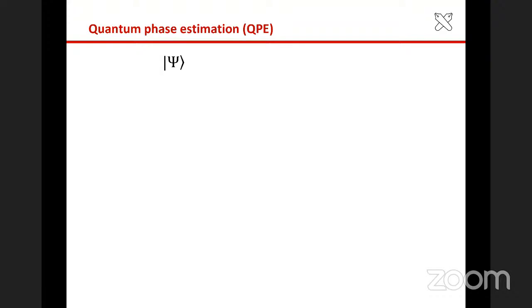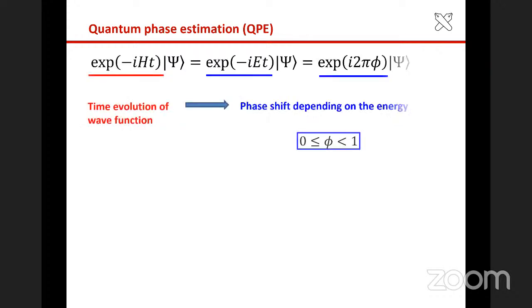So the basic idea of quantum phase estimation is this: assume that we have a wave function psi, and we apply a time evolution operator. If this wave function psi is an eigenfunction of the Hamiltonian, application of this time evolution operator doesn't change the shape of the wave function.